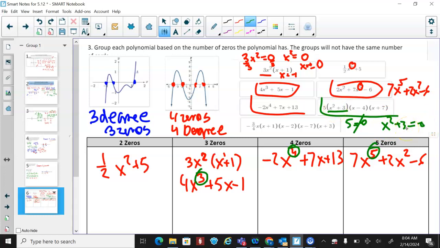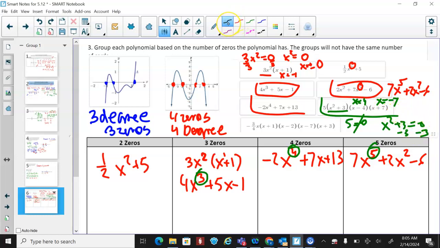They would be imaginary answers, because if I move the 3 to the other side, this 3 will become negative, and that would have an i in it, so I can't graph it. x minus 4 will equal 4, and x plus 7 will equal negative 7. So really, in this one, how many zeros would I have? Well, I would have 4, negative 7, and 2 imaginaries.